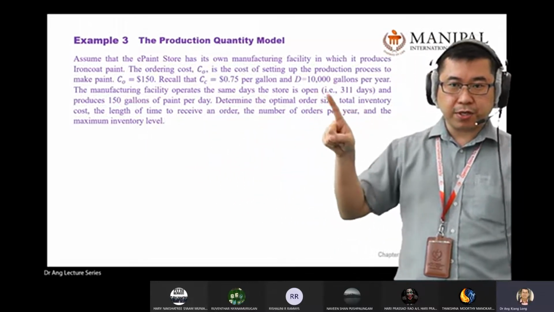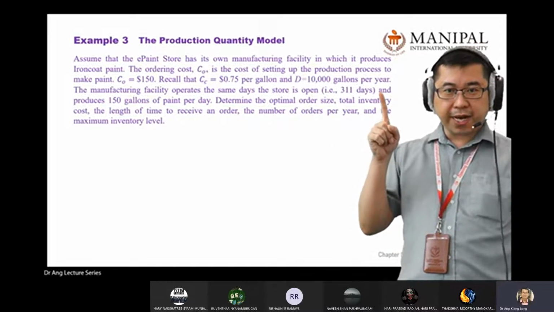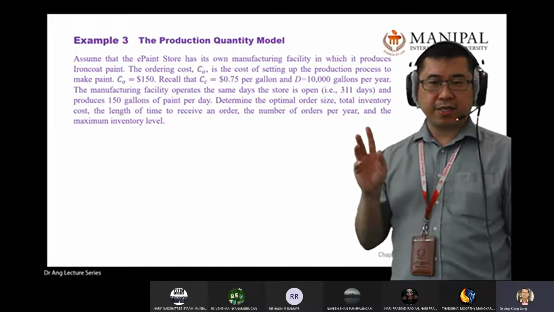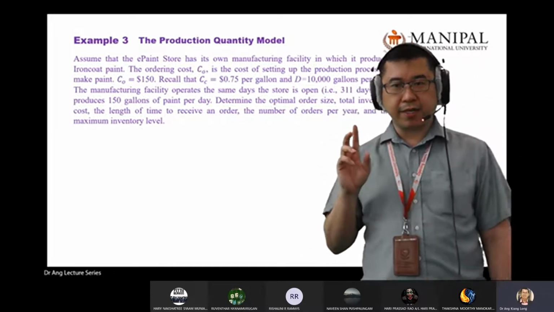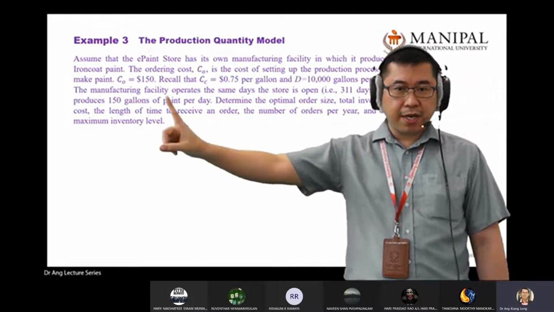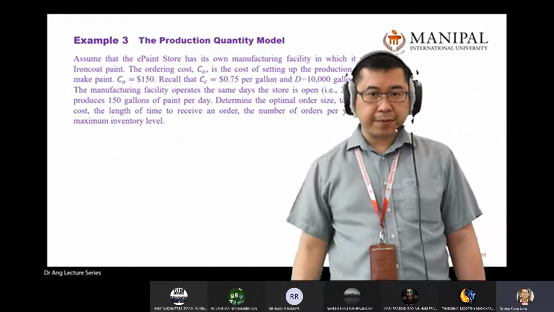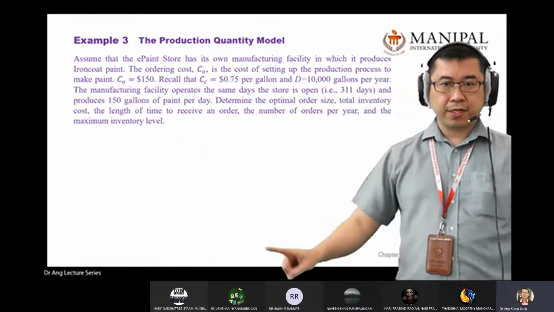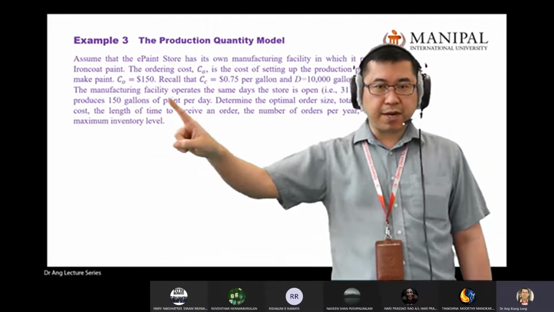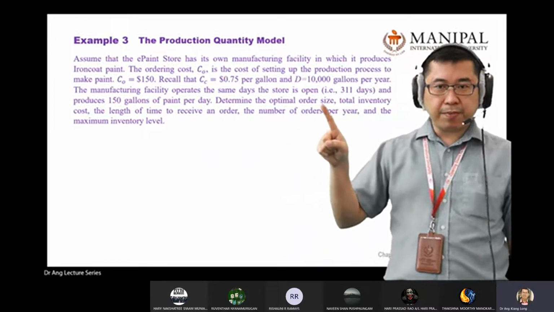So you'll use 311 days, like what we apply for example 2. 311 days, 365 minus public holiday and some big festive season, right? And produce 150 gallon paint per day. So you have your numbers for P, right? Determine the optimum order size.